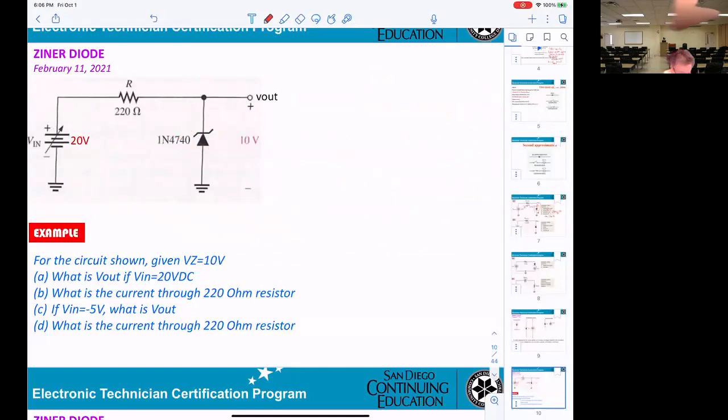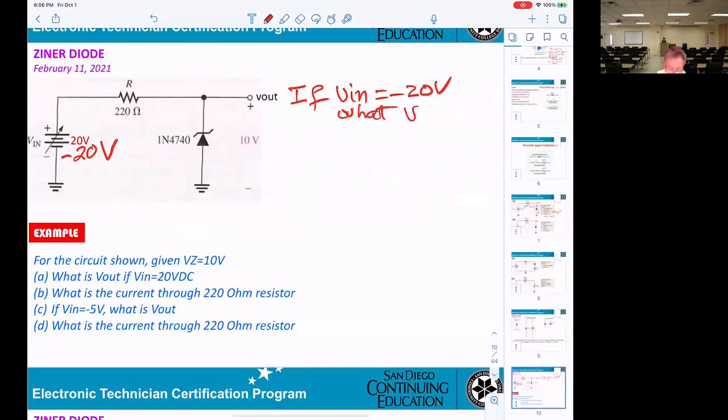Okay, now I change the input to minus 20 volt. Okay. What is V out? Tell me.